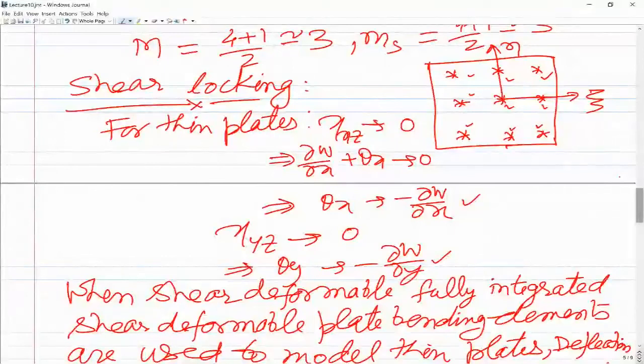So I am saying for thin plates gamma xz is approaching 0, approaching in the sense that when you have a thin plate it would be exactly 0, and similarly gamma yz would be 0.